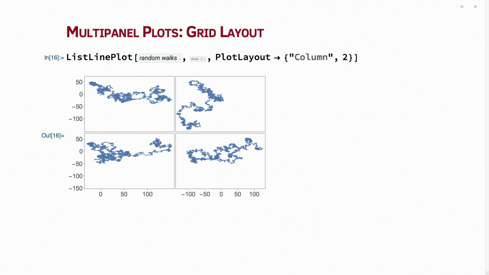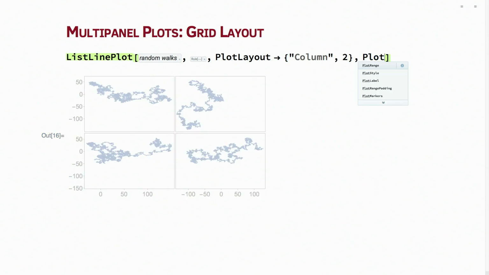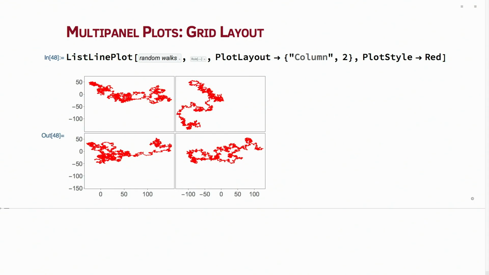So we'll be using PlotLayout to generate these nicely aligned graphics outputs. And at least in version 12, any options that you set for this plot are going to apply to all of them. So if I come over here and say PlotStyle goes to red, then they're all going to be red.